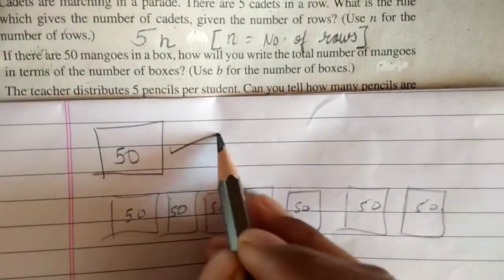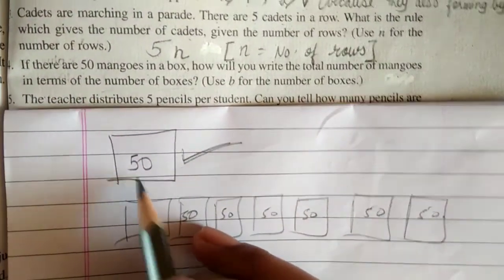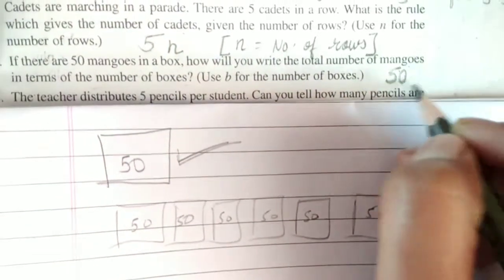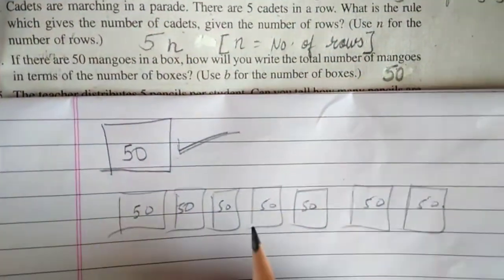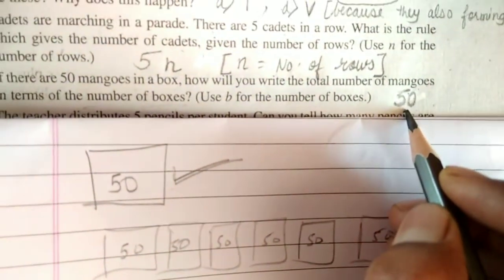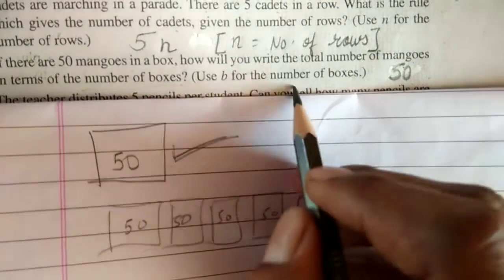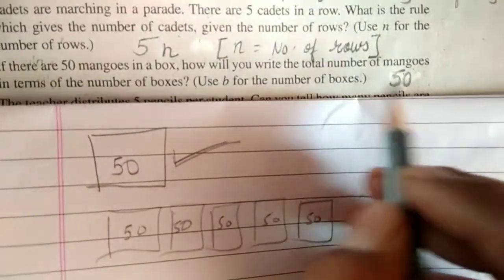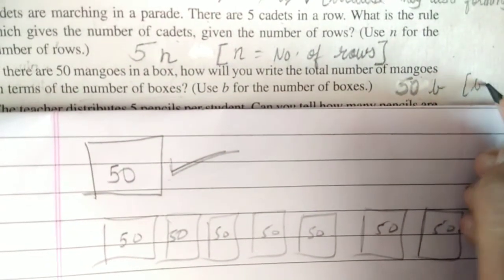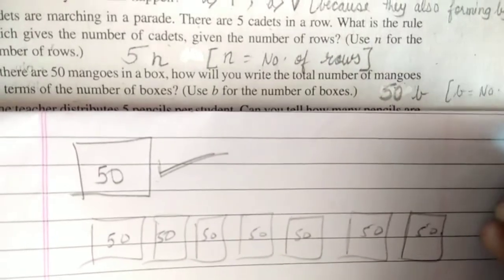Simply we will see in the first box how many mangoes are there. 50 mangoes. So this 50 will multiply by the number of boxes. As already given in the question, use B for the number of boxes. So this 50 will multiply by B, and this B is the number of boxes.